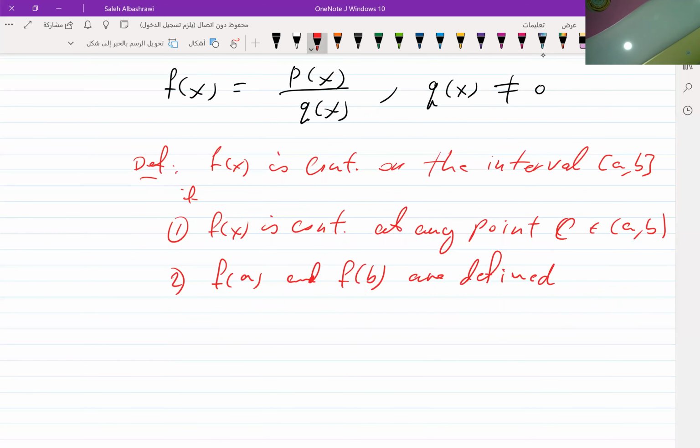Third one, we are speaking about the interval a and b. For a, we should have the right limit, and for b, we should have the left limit.